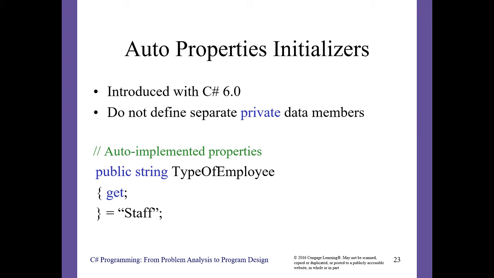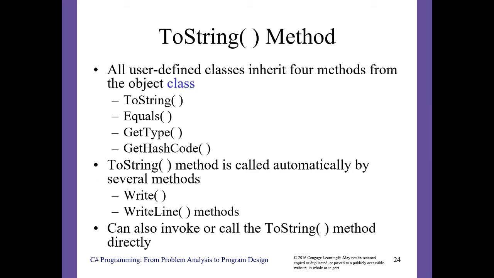When we're working with C# classes, we can also auto implement or automatically set a default value for a specific field in our class with this syntax here. We'll try that. And then lastly, we have the ability to override system level methods within our user-defined classes.